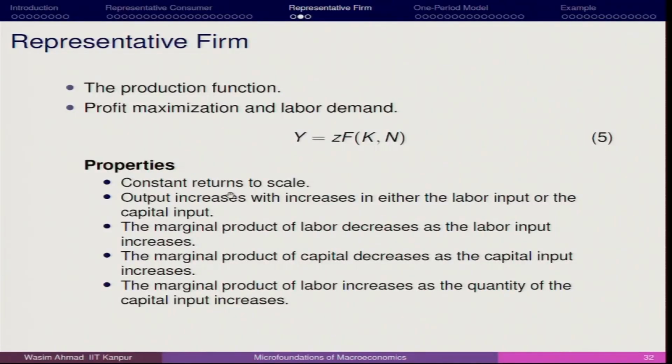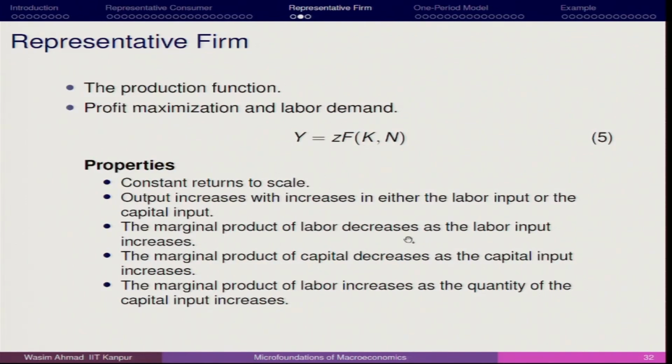So it talks about the homogeneous function, that if you superimpose any lambda parameter on the function, lambda decides the magnitude or degree of the scale of increment in the function. The output increases with an increase in either the labor input or capital input. So this is the normal production function we have.